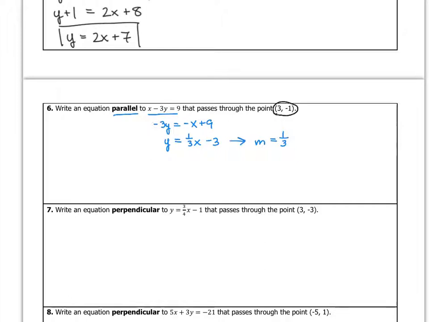So our equation would be y plus 1 equals 1/3 times the quantity x minus 3. So we get y plus 1 equals 1/3 x minus 1, and y equals 1/3 x minus 2.